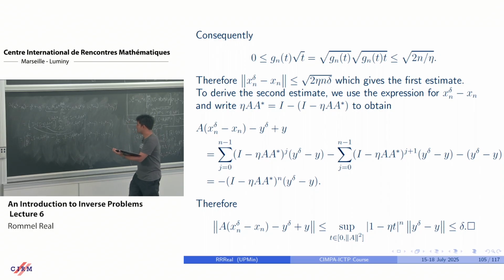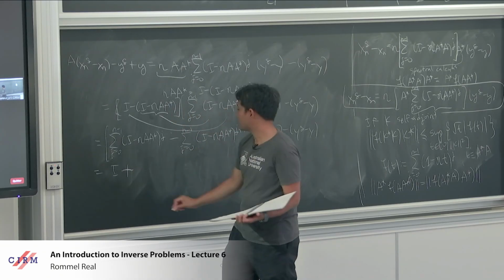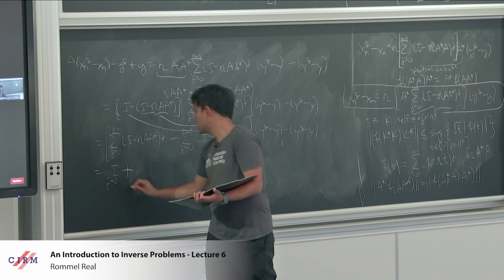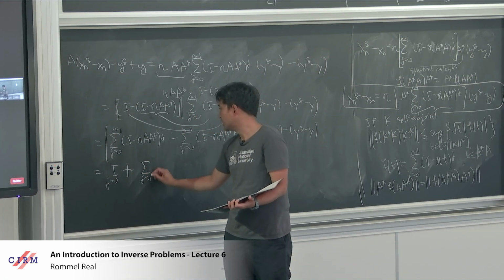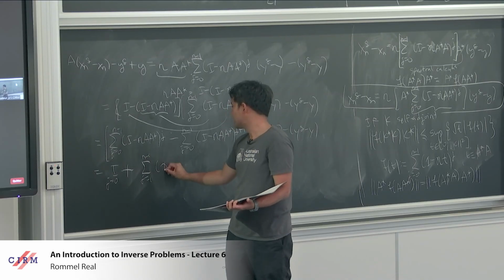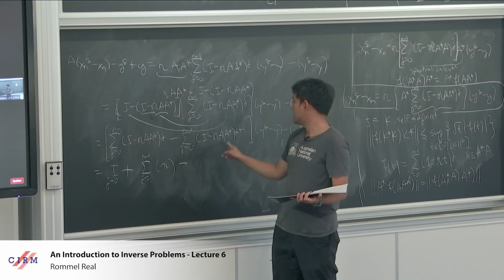We can write this one as I, plus the summation from j equals 1 to n minus 1 of the same term there, and then minus the same term here.